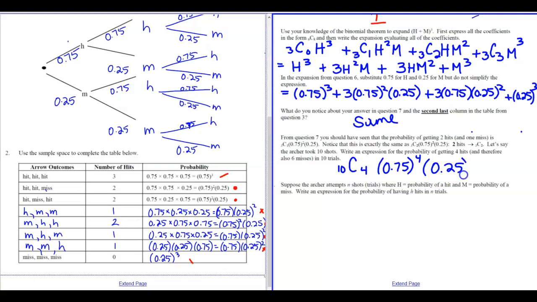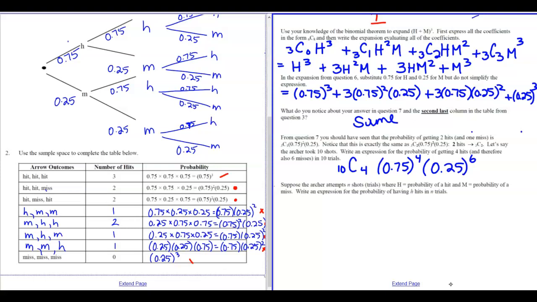So really, back in binomial theorem, when we're expanding a binomial, the first term was raised to the exponent, the difference of these. Okay, so now the exponents are switched around. That's the only difference.